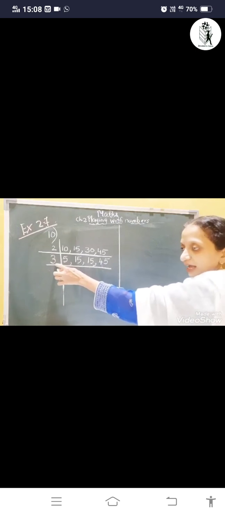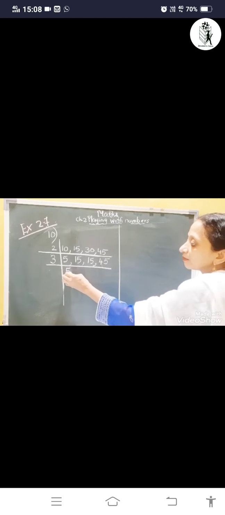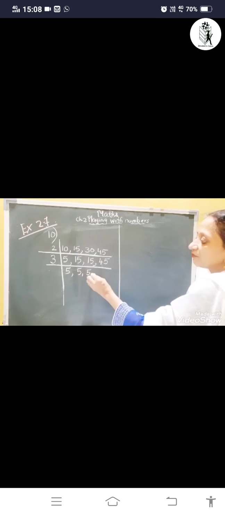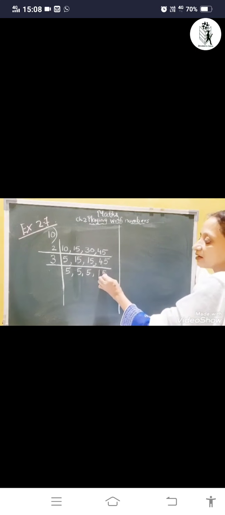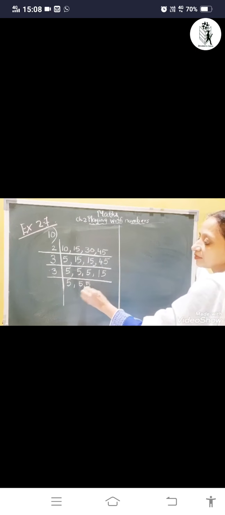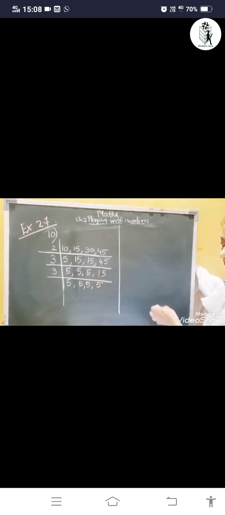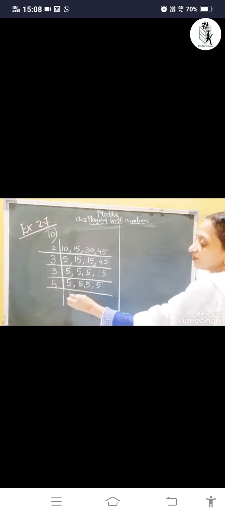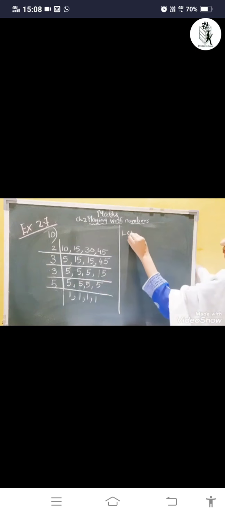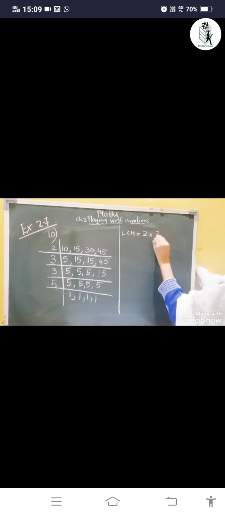You can also start with 5, no problem. 3 5s are 15, 3 10s are 30... 3 5s are 15 and 3 15s are 45. Again 3. 3 5s are 15. Now we have 4 times 5, so only once 5 will come. 5 1s are 5, then 1s, 1s and 1s.